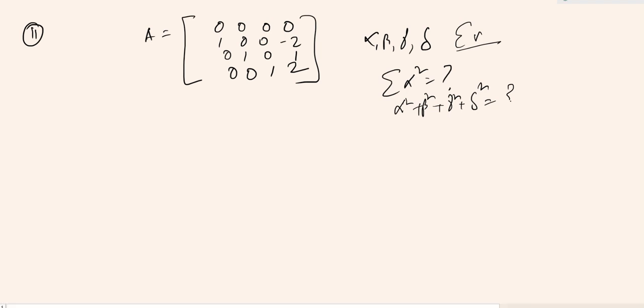Next, so what will be the solution of this question? So this is a matrix. So this is a companion matrix. So the characteristic equation is lambda 4 minus 2 lambda cube minus lambda square plus 2 lambda equal to 0, where lambda is the eigenvalue of the matrix. Let's take lambda common.